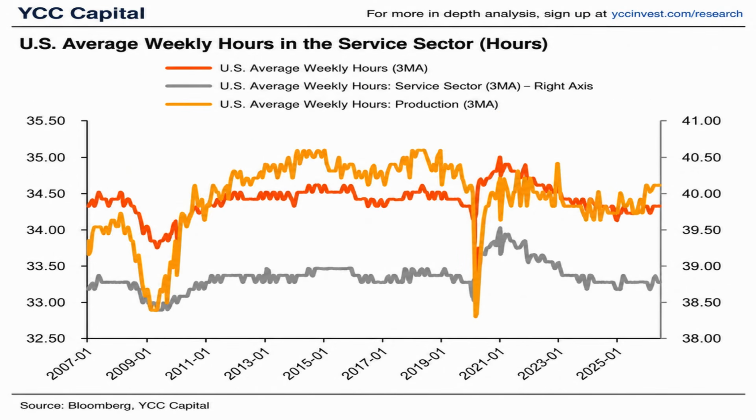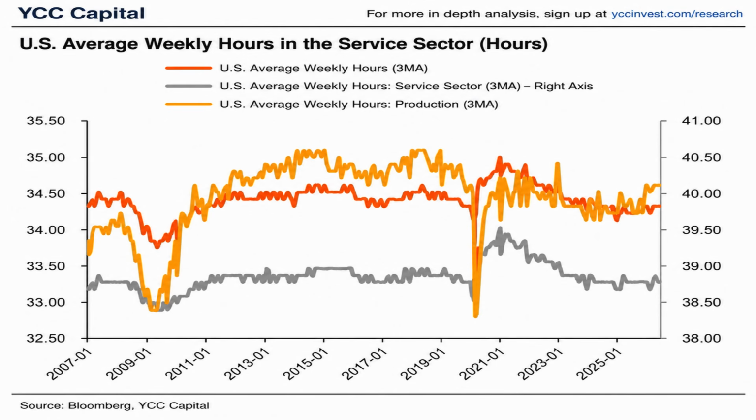Another subtle but highly informative indicator is the average number of hours employees work each week. Before companies resort to layoffs, they usually adjust working hours. Reducing overtime or shortening schedules is far less disruptive than terminating employees, making average weekly hours an effective leading indicator for future payroll trends.